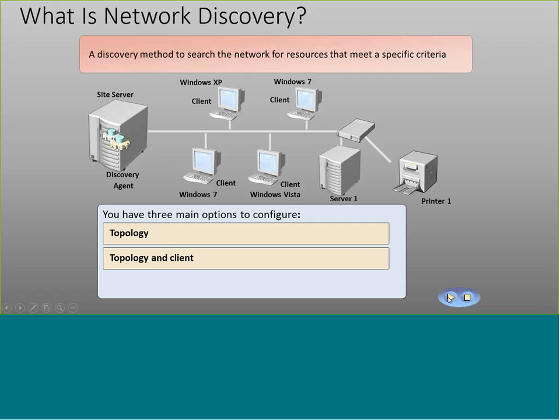And the third type is topology, client, and client operating system type as well. So that's going to give us a really good input from network discovery if we configure that. I plan to configure IP-based search for my Linux client just to test that. Okay, so this is the network discovery topology and client and operating system.